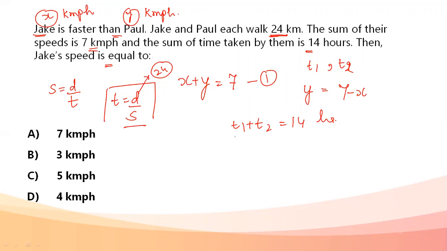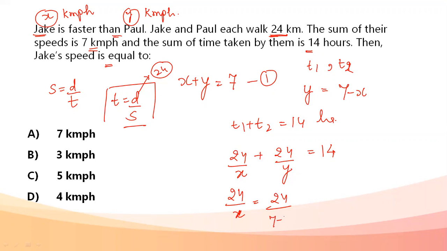T1, the time taken by the first person, Jake, will be 24 by x, time equals distance by speed, plus 24 by y, where T2 is the time taken by Paul, equals 14 hours. Now I already said y is equal to 7 minus x. I did that so that I can use it here.